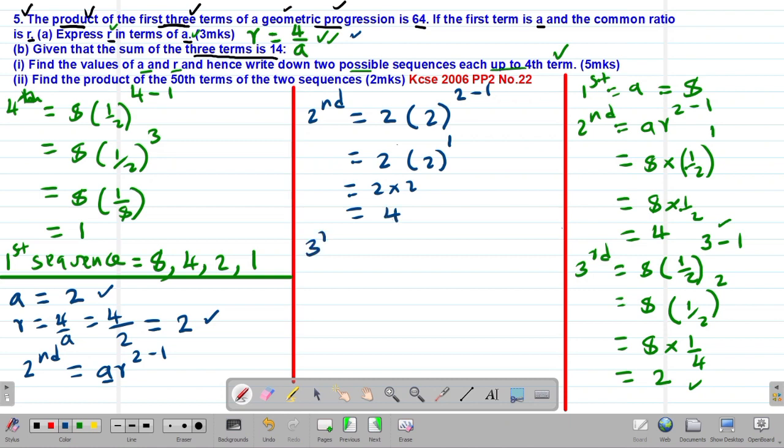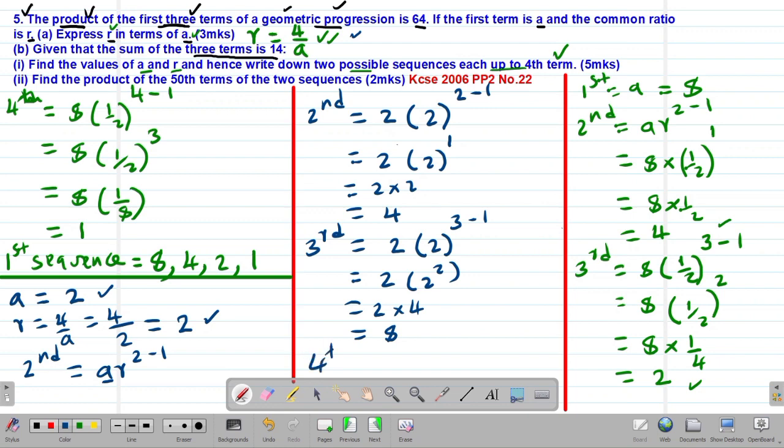Then we find the third term. The third term will be a, which of course is 2, into the common ratio, which is also 2, then to the power of 3 minus 1. So this will give us 2 into bracket 2 to the power of 2. 2 power 2, we are going to get positive 4. Then, of course, 2 times 4, we are going to get positive 8.